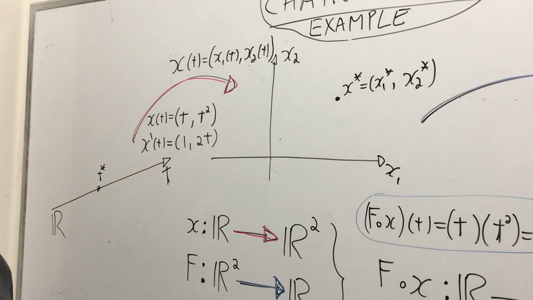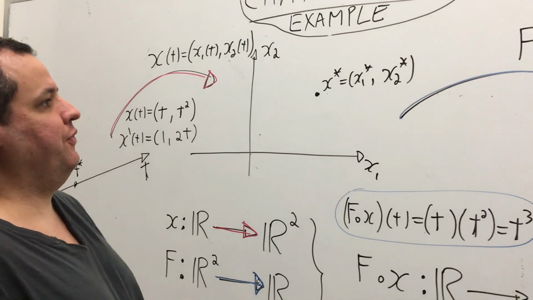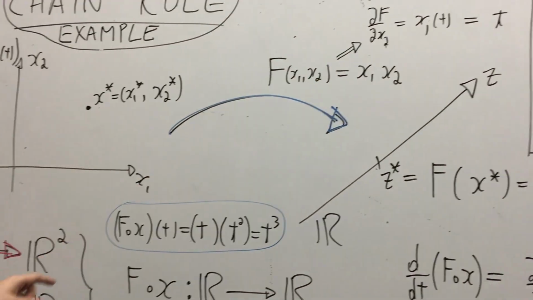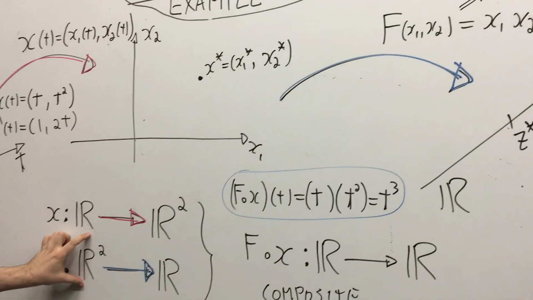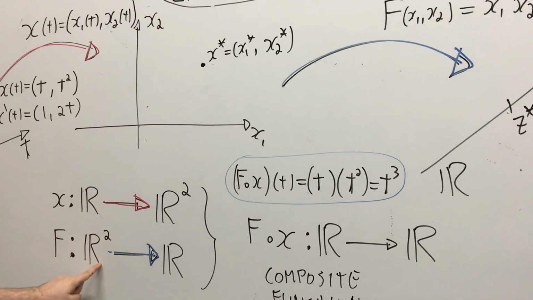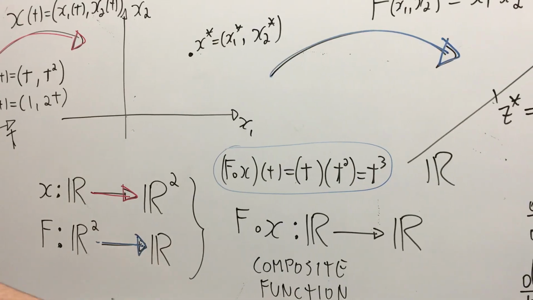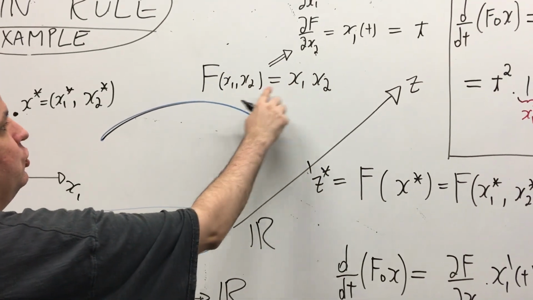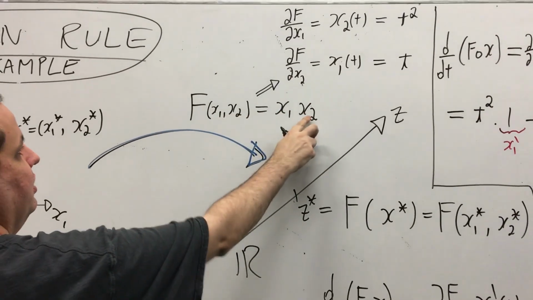Now, for the function capital F of x1 and x2, remember, function capital F picks vectors of dimension 2 and takes them to real numbers. So the function F is just the product of x1 and x2, the product of the two coordinates, right?